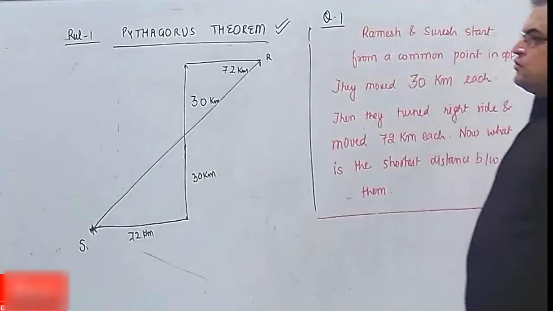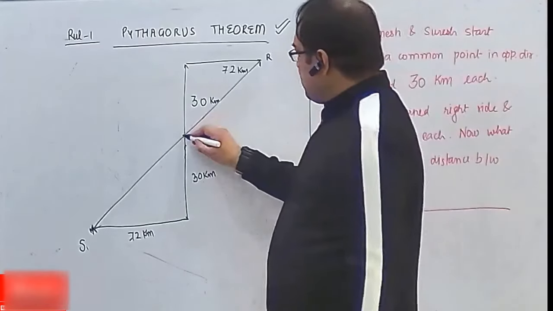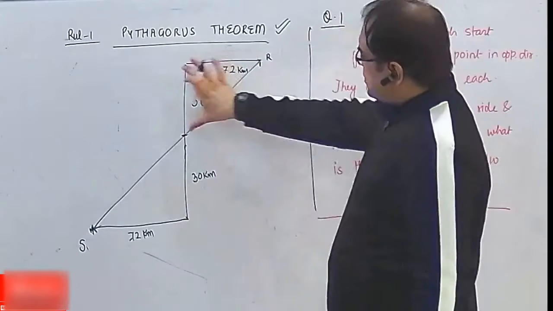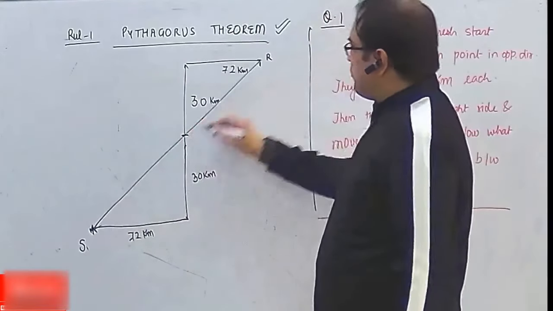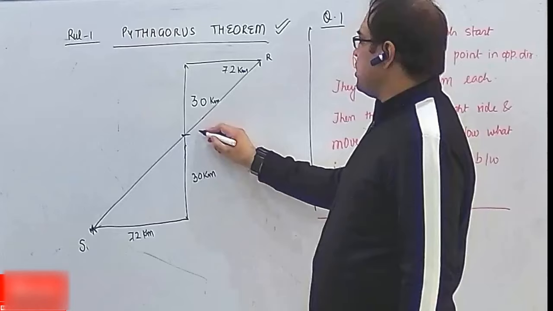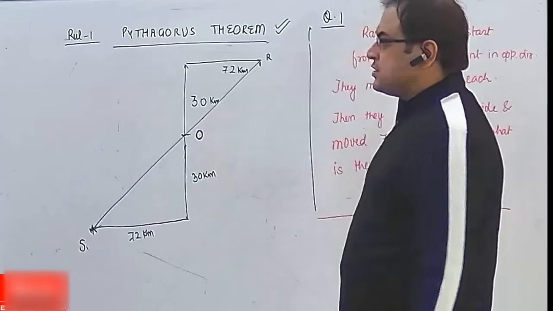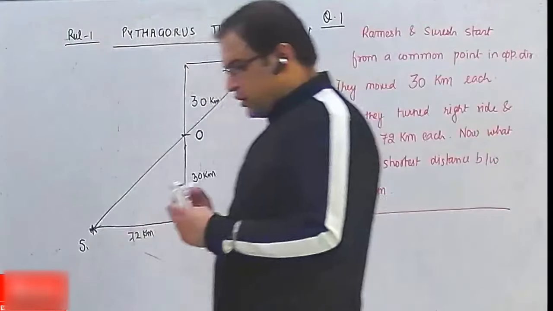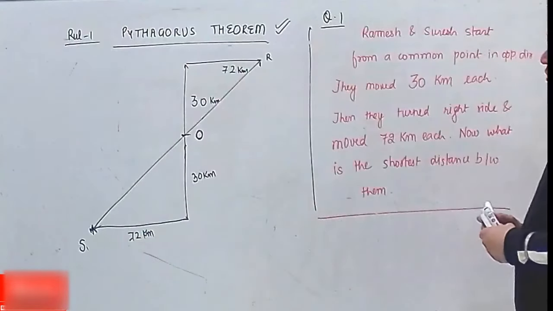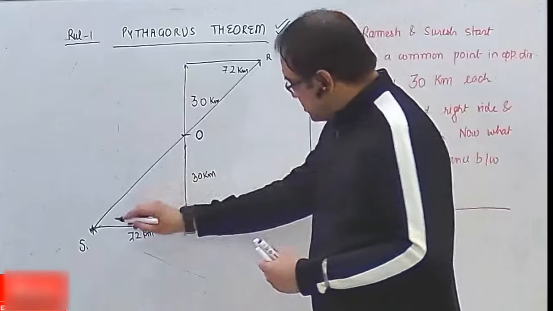Because this is a symmetrical figure, this is 30, this is 30, this is 72, this is 72. So this line will pass through the starting common point, that is O. Now we need to find out this distance.